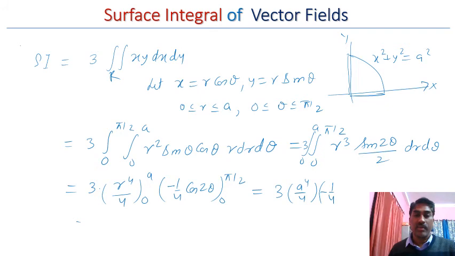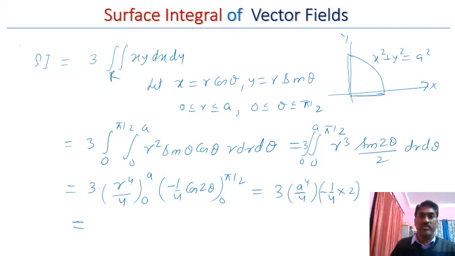At the upper limit, cos 2 theta with theta equal to pi by 2 means cos pi, which is minus 1, and at the lower limit cos 0 is equal to 1, so this will become 2. Just put the limit and you will get this.